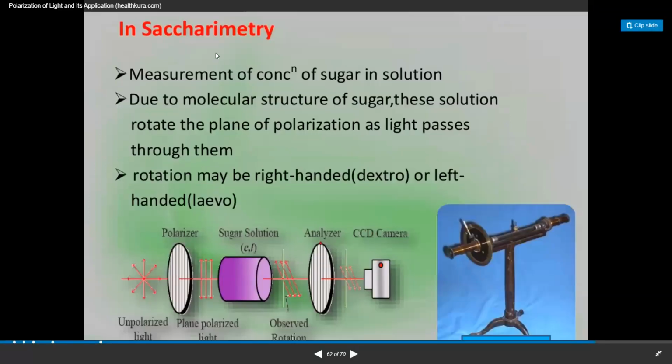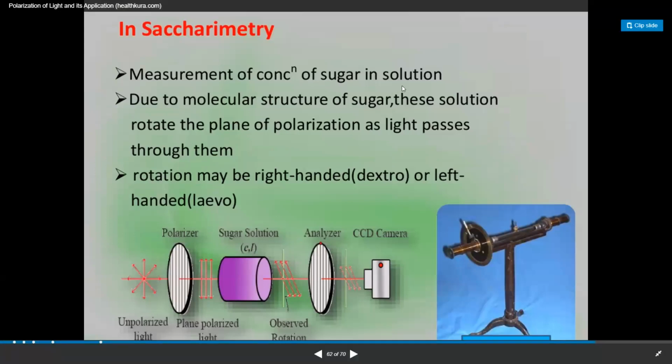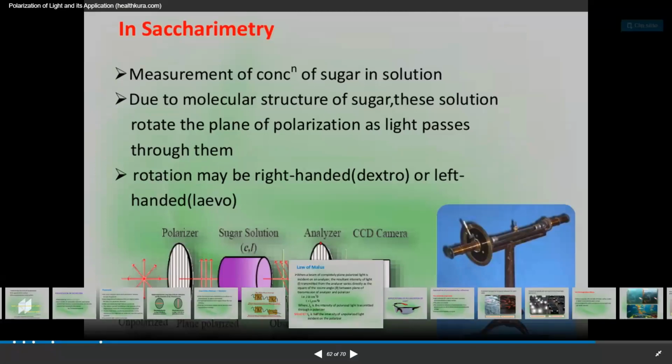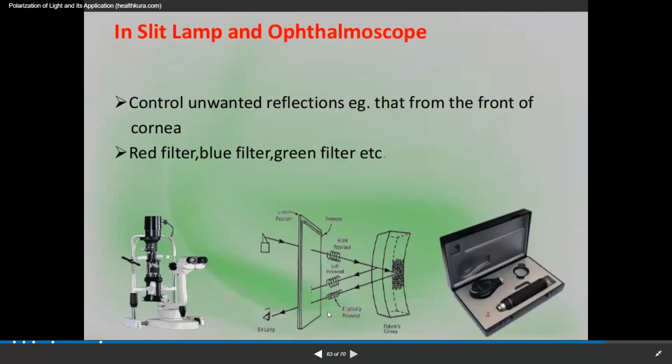And in polarimetry, it is used to measure the concentration of sugar in sugar solutions. That is also one of the applications of polarized materials. And also it is used in the ophthalmoscope, which controls unwanted reflections in front of the cornea.